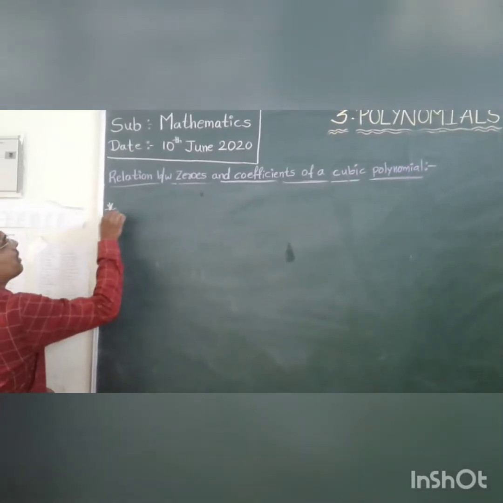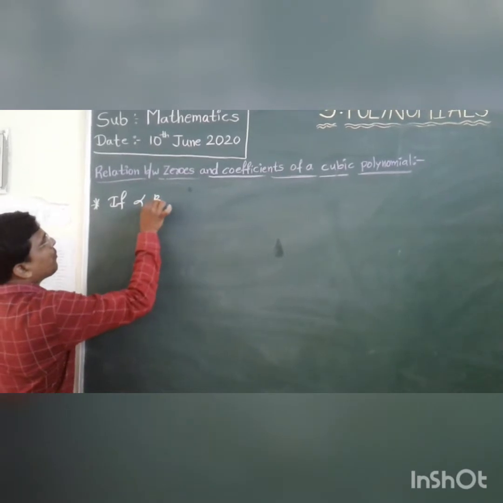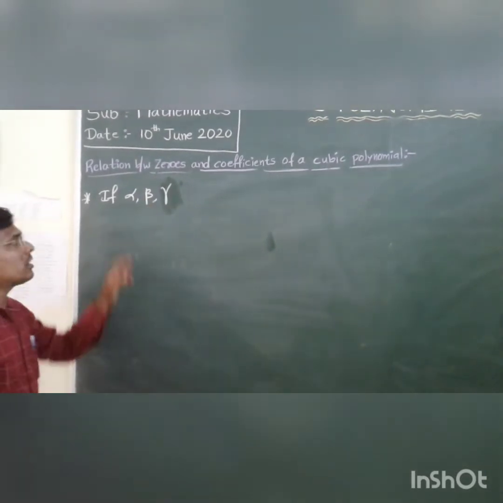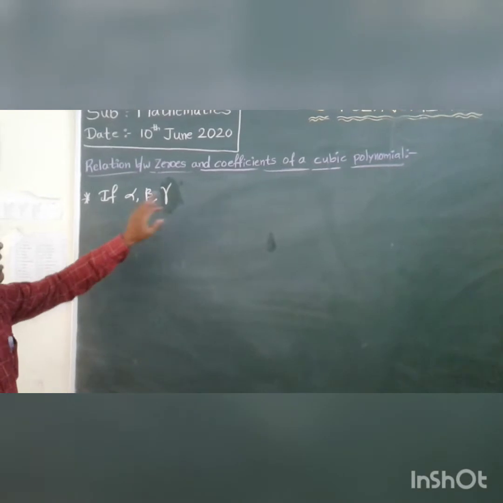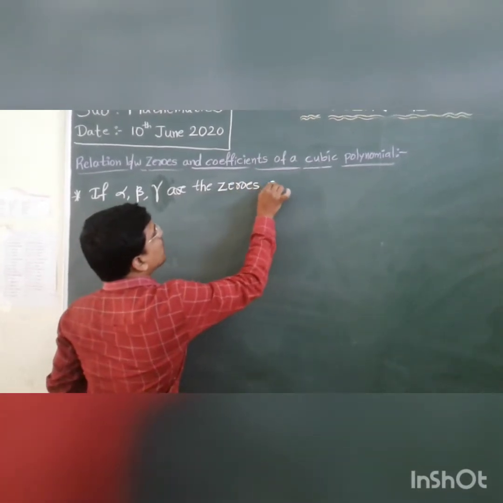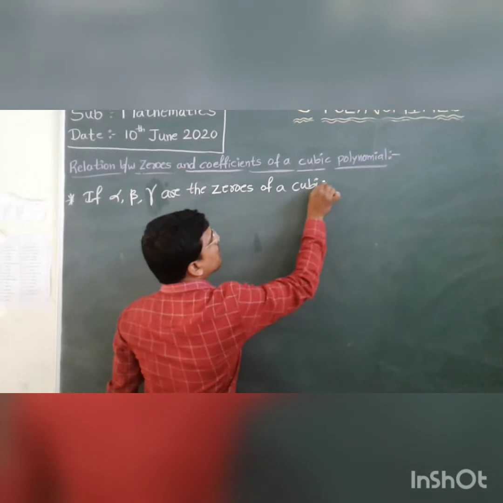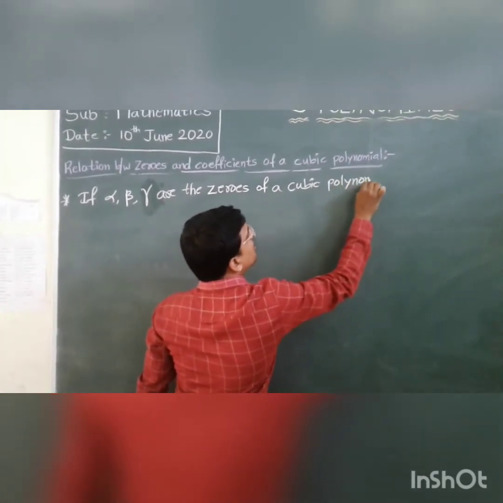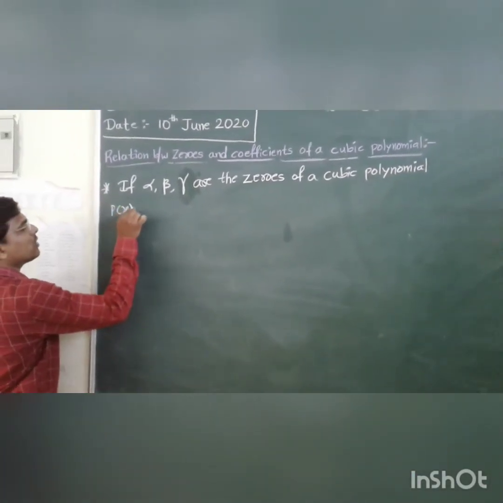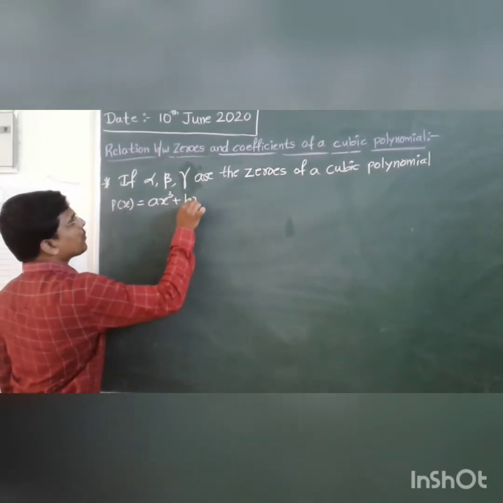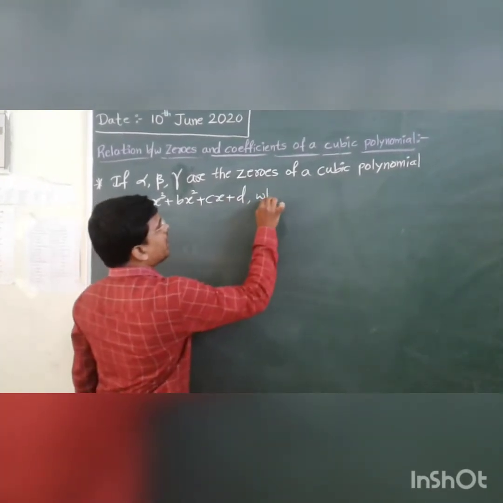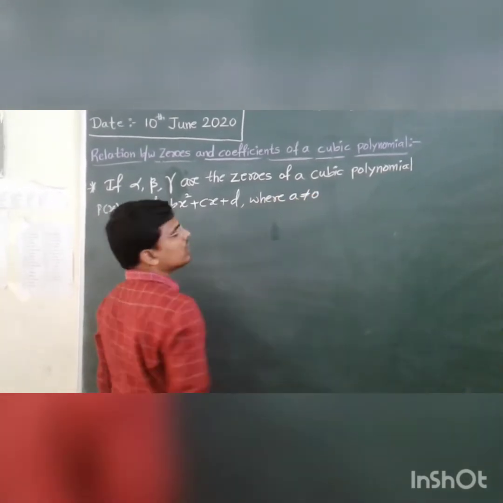Suppose alpha, beta and gamma, this is not R, this is gamma, these three are Greek letters, are the zeros of a cubic polynomial P of x equal to a x cube plus b x square plus c x plus d, where a is not equal to 0.